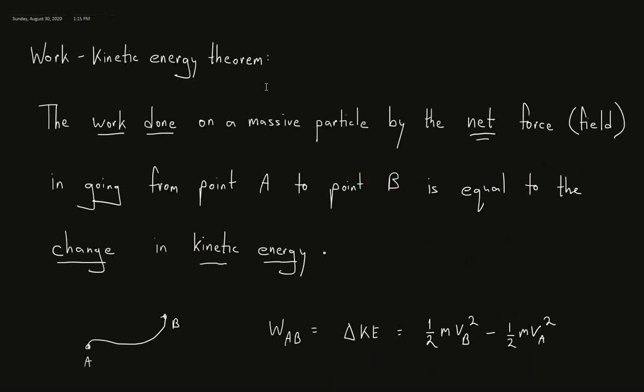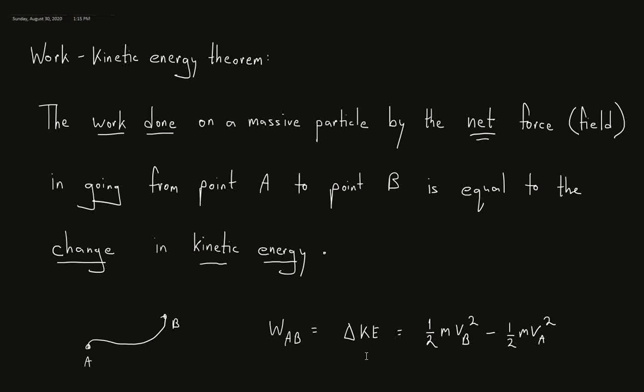So the work-kinetic energy theorem says that the work done on a massive particle by the net force field, because there's a force vector at each point, when the particle goes from point A to point B along some path, is equal to the change in kinetic energy, that is the final kinetic energy at B minus the initial kinetic energy at A. In other words, starting from Newton's second law, we have proved that W_AB equals the change in kinetic energy.